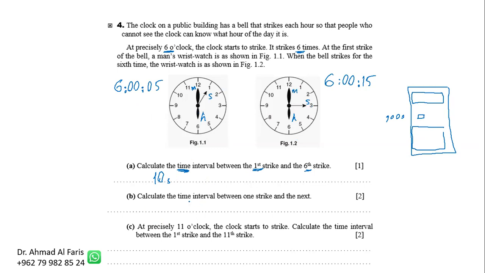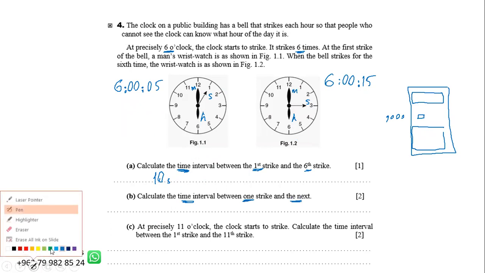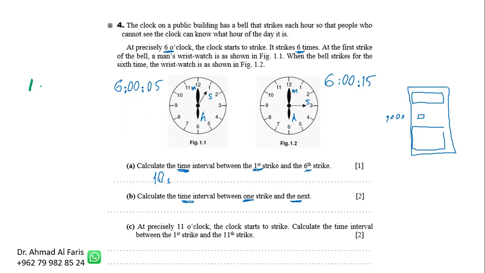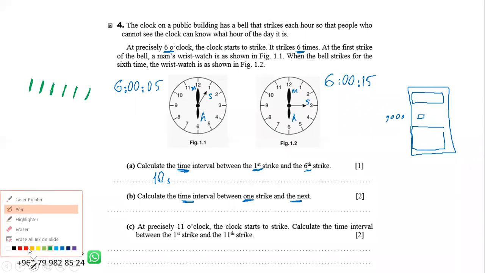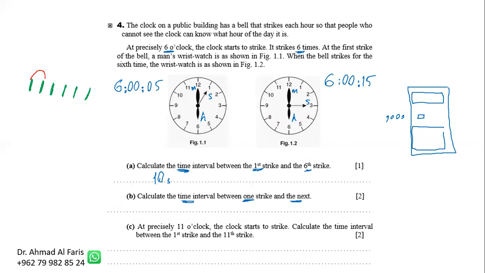Now calculate the time interval between one strike and the next strike. How many strikes do we have here? We have 6 strikes: the first strike, second, third, fourth, fifth, sixth strike. How many time intervals do I have? I will not count the first strike as a time interval. 1 time interval, 2, 3, 4, 5 time intervals.